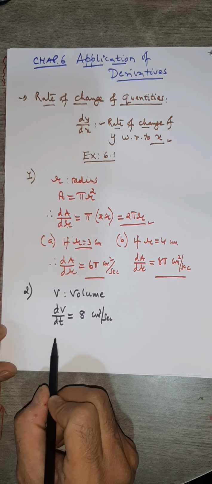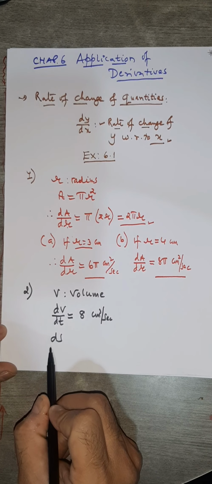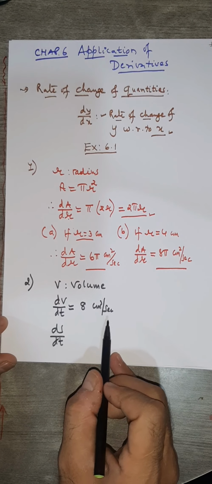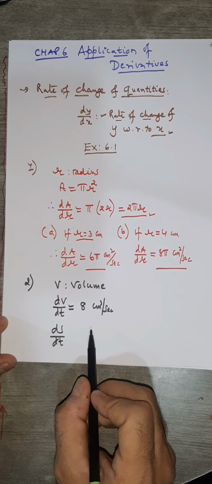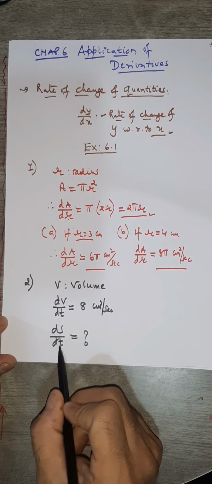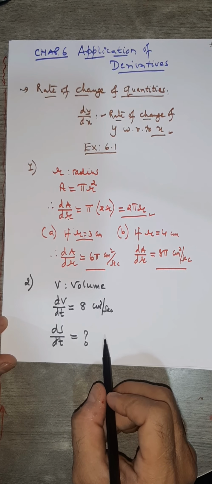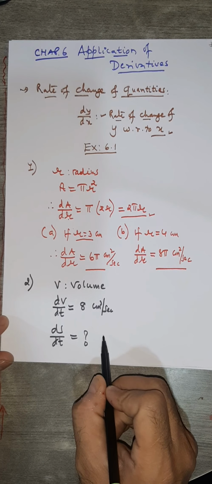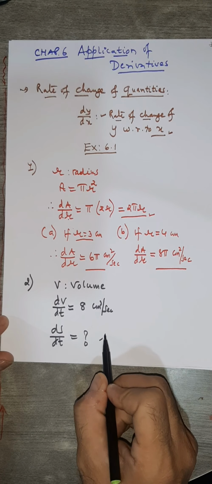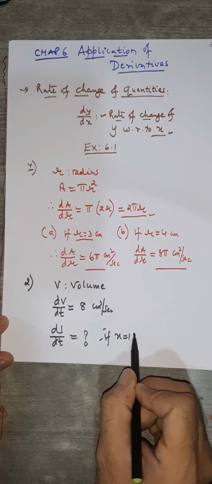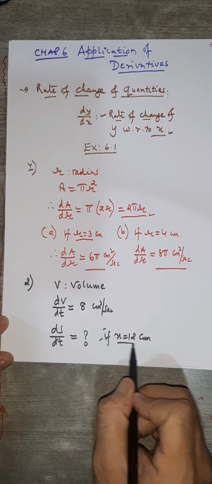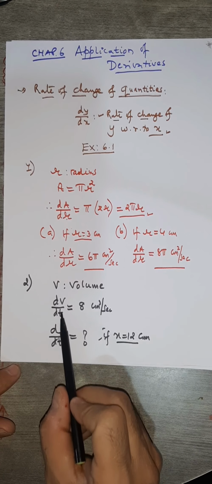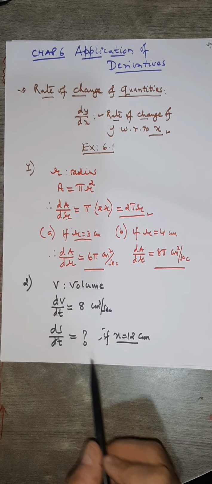If I call S the surface area, you want dS by dt, when the length of an edge is 12 centimeter. So if x equals 12 centimeter, what is that x? That is the length of an edge. So we just try to correlate this and we differentiate.